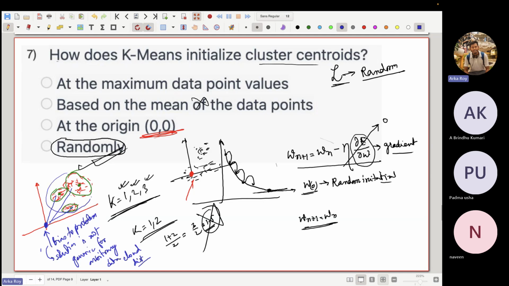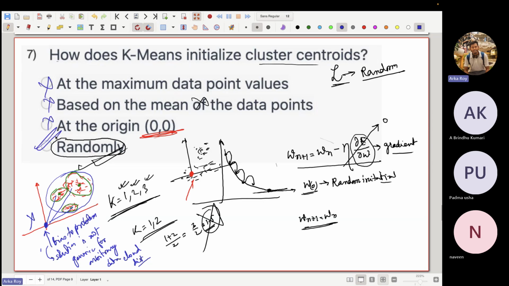Your data cloud is in this particular region, but you are putting a centroid at a place where there is no data. How can you create a centroid around which there is no data? So this is also incorrect. These three options are incorrect.